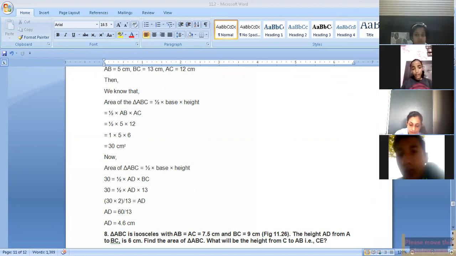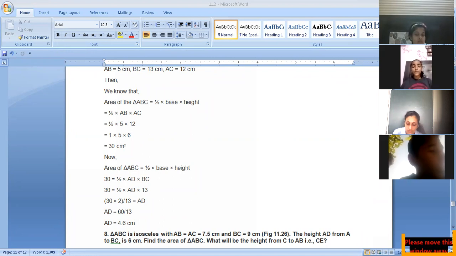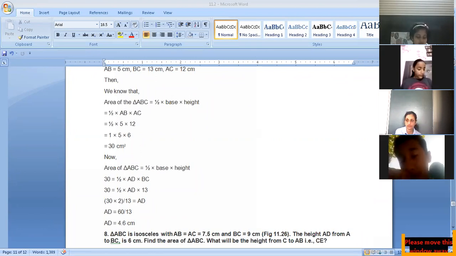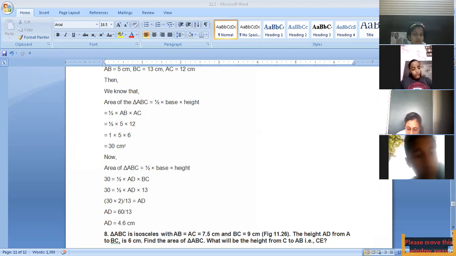Find the area of triangle ABC. What will be the height from C to AB, i.e. CE? It's not example, beta. i.e. means that is. Okay, that is CE. C to AB is CE.